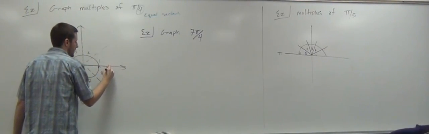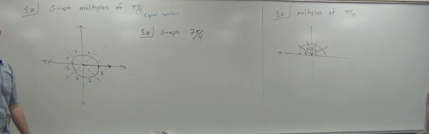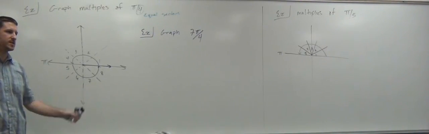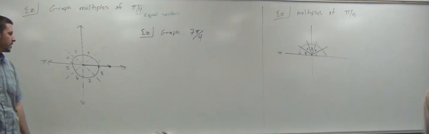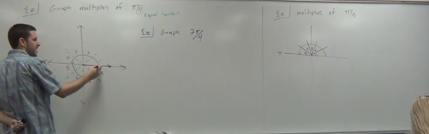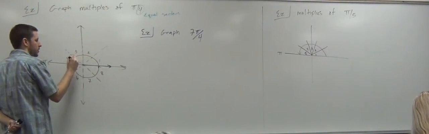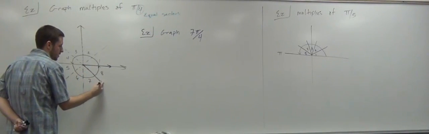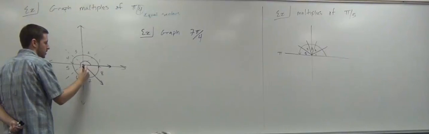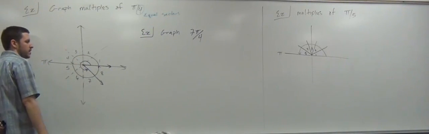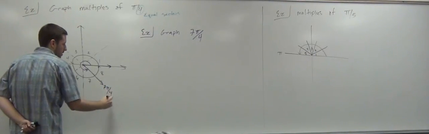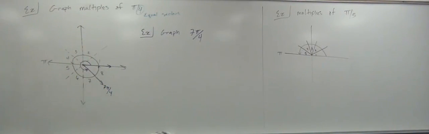Why am I going to start from the positive x-axis? That's standard position. That's what we agreed on. That's the best place to start graphing for us. So you start from the positive x-axis and go 1, 2, 3, 4, 5, 6, 7 sectors. So this angle here is 7 pi over 4. You need the arrow because it shows me the rotation, which is what the angle actually is.